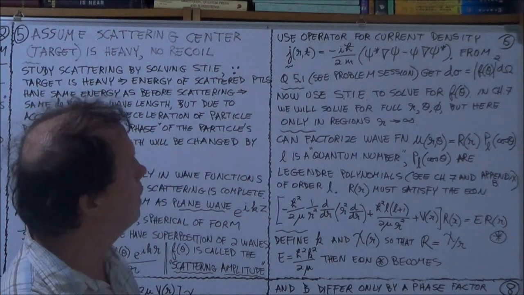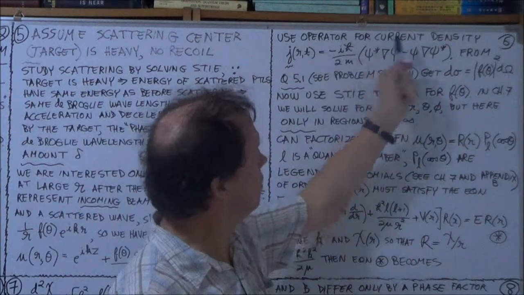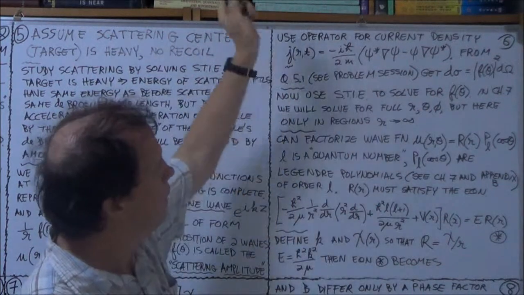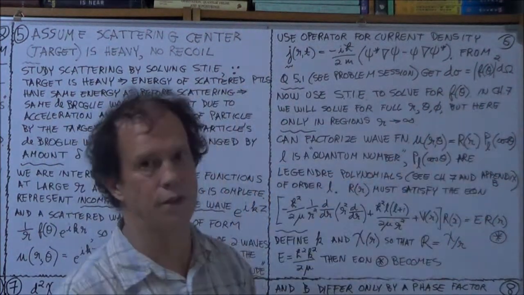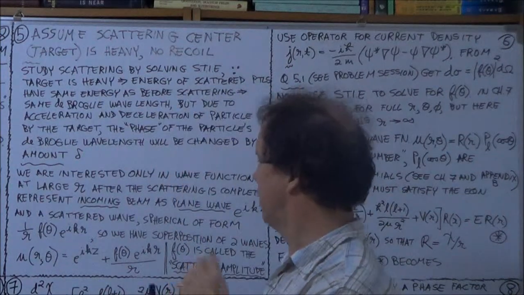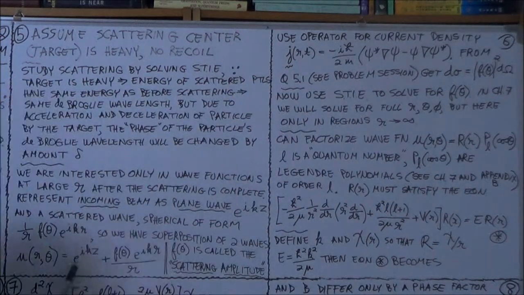Now, why talk about this? What's the point of talking about this? Well, if we know what f is, have a look at this. That's essentially known. If we know k, r is pretty obvious. What's not known is the f. What is this scattering amplitude?